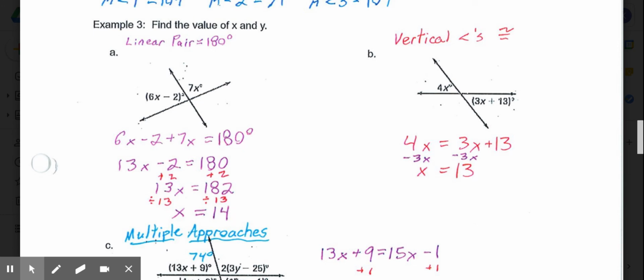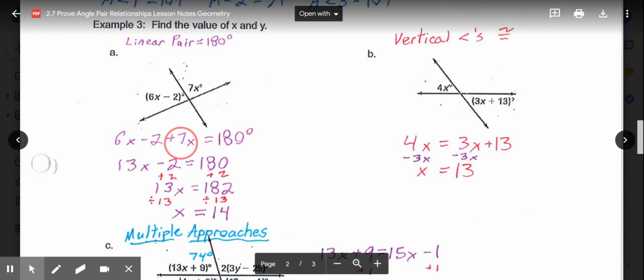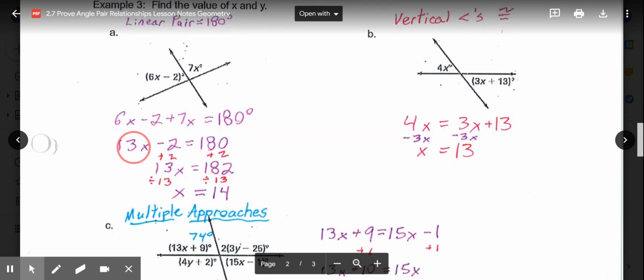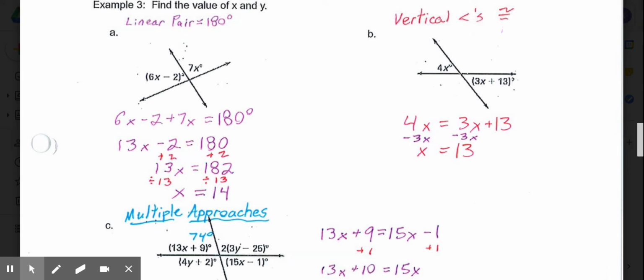Then to solve for x, we combine like terms on the left, 6x plus 7x. We're left with 13x minus 2 equals 180. Add the 2 to each side, divide each side by 13, and x equals 14.